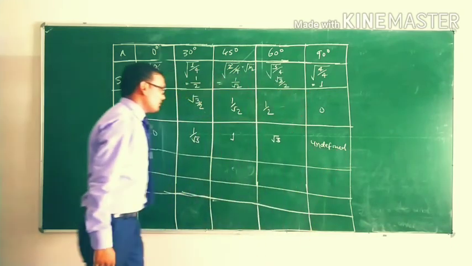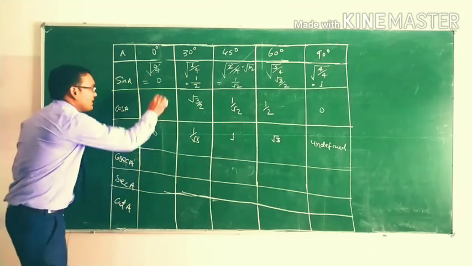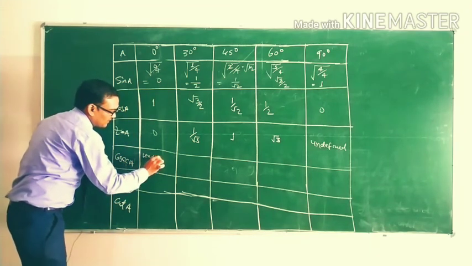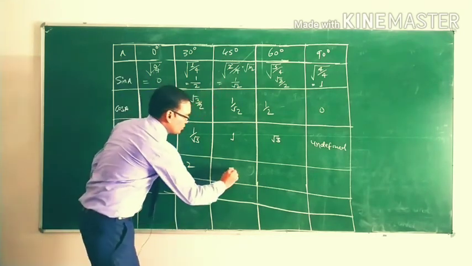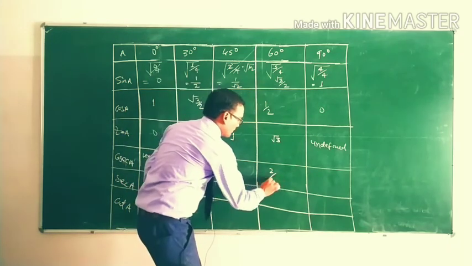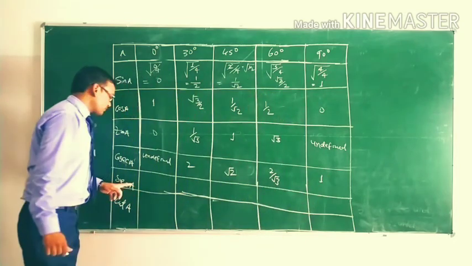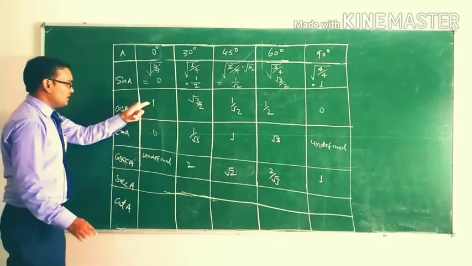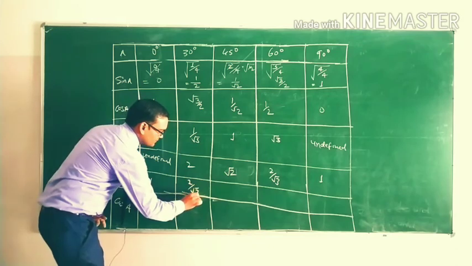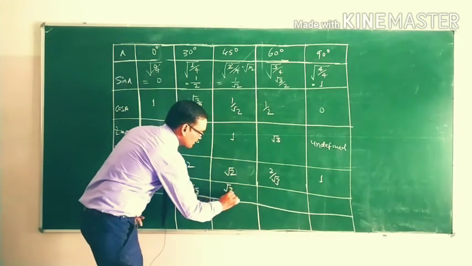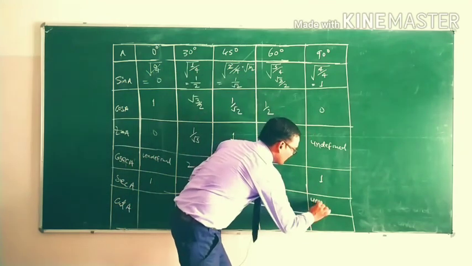Okay students, now again we write the cosec. Cosec is the reciprocal of sin A, that means 1 upon 0, undefined, then 2, square root 2, 2 upon square root 3 and 1. Next is sec A. Sec is the reciprocal of cos: 1, 2 upon root 3, root 2, 2 and 1 upon 0, that means undefined.